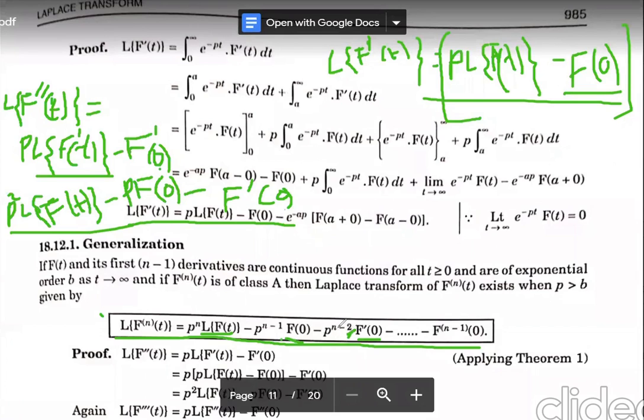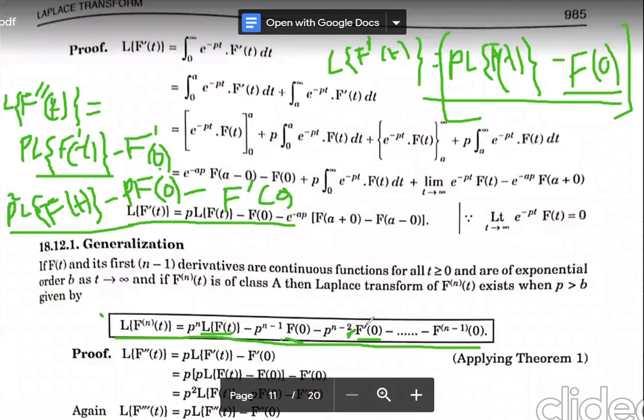So once the power of p decreases by 2, then only you have got the first order derivative. Like this, the power of p goes on decreasing by 1. And once the power of p becomes 0, that means the nth term, then the order of derivative of the last term will be 1 less.